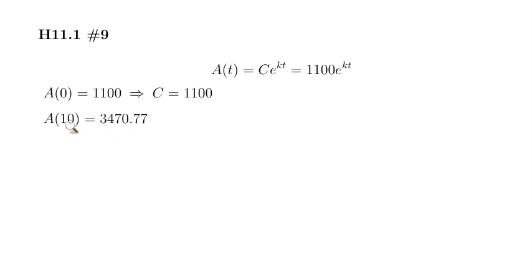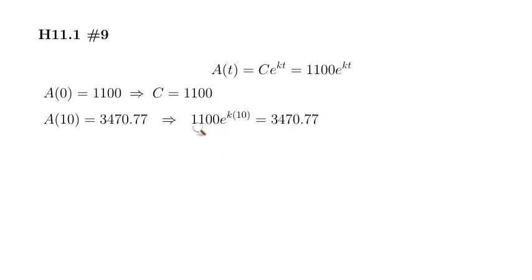If you plug t = 10 into the formula, you end up getting 1100e^(k·10) = 3,470.77.